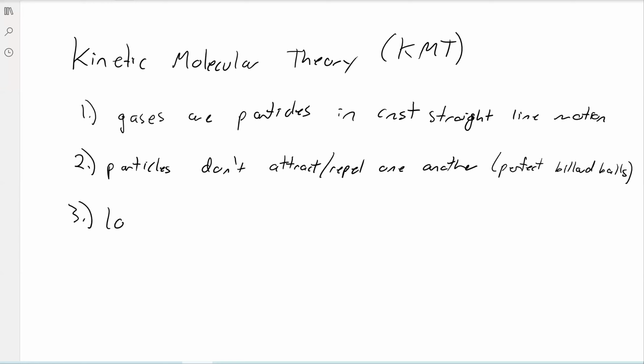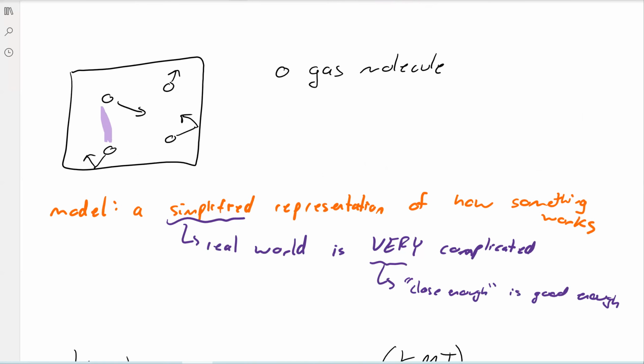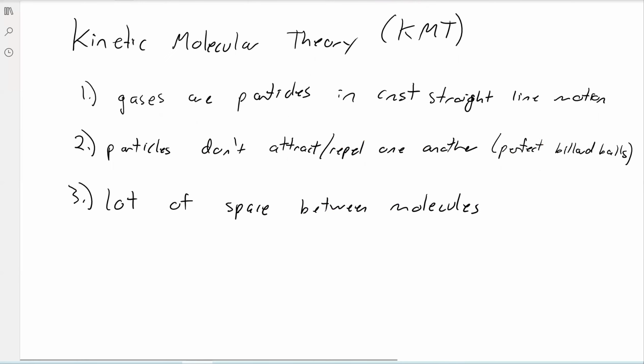Number three is that there's a lot of space between the molecules. Right, so if we look at our model here, you can see there's plenty of space between any of these molecules. And so since they don't attract or repel one another, and since there's a lot of space between them, a lot of the physical properties of gases are the same no matter what gas.